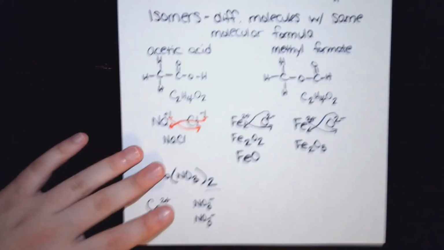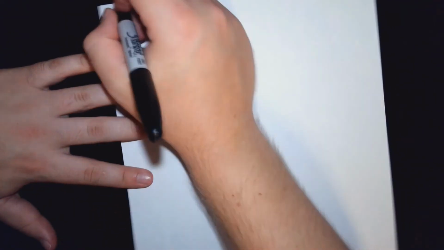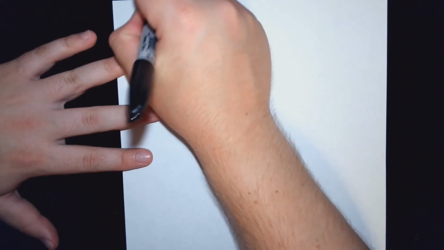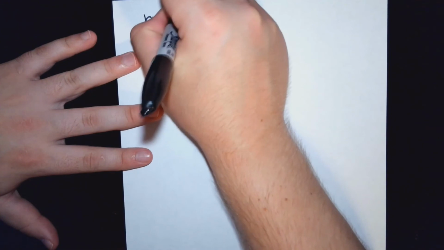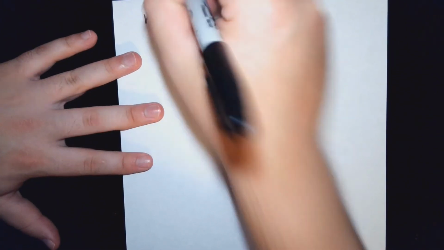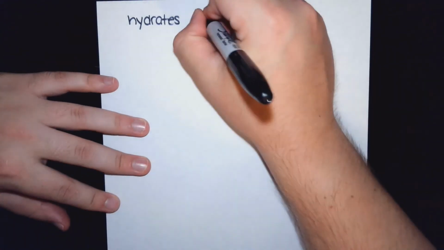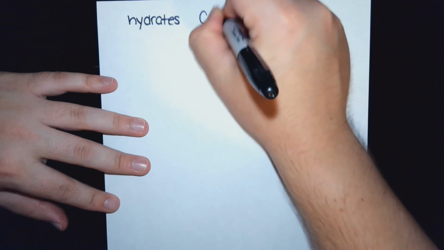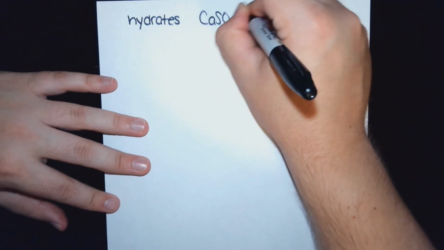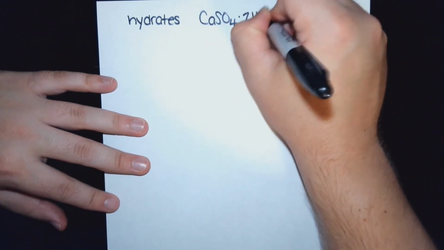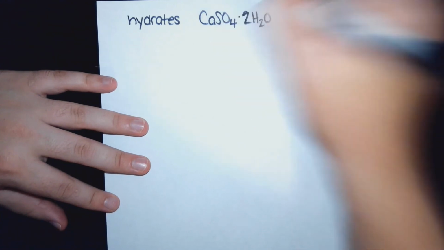Right, and then just one other type of formula that you will see sometimes is something known as a hydrate. So a hydrate is when you have basically a molecule surrounded by water. So you would see something like this. That's a 2.